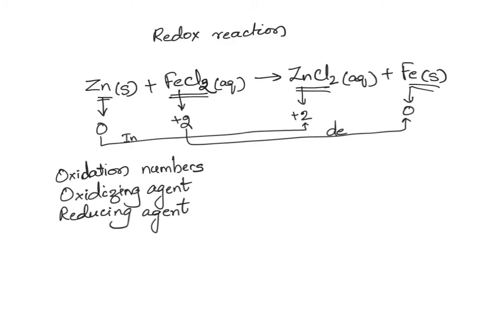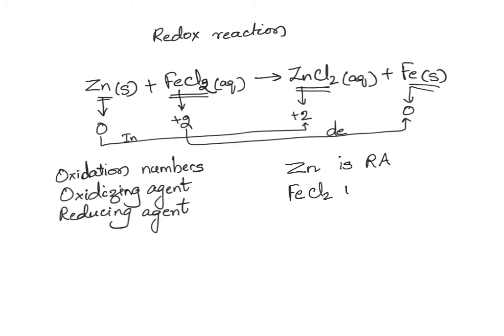In this particular example, iron is getting reduced from plus 2 to 0. So zinc is the reducing agent. Zinc is getting oxidized from 0 to plus 2.